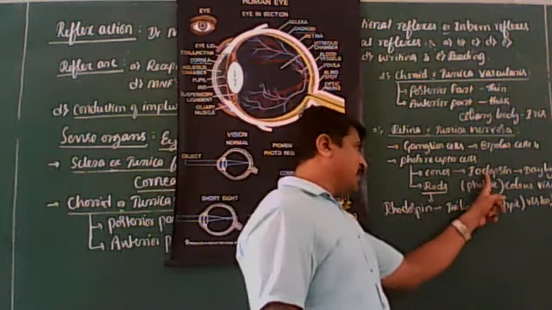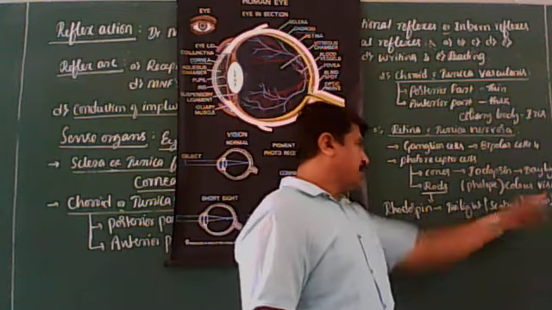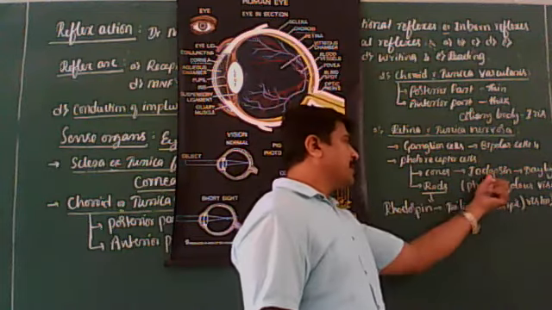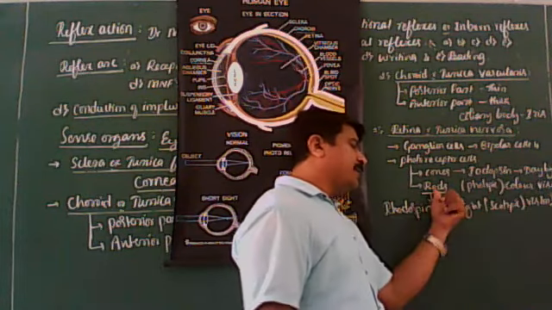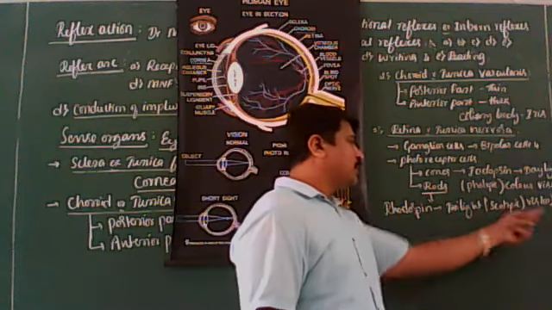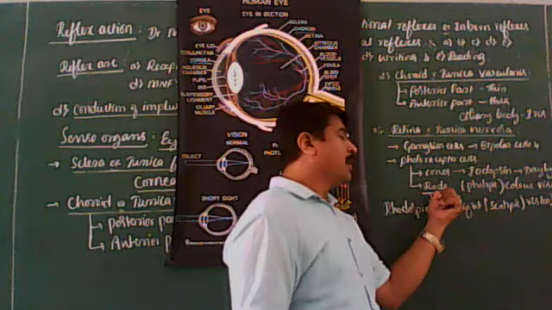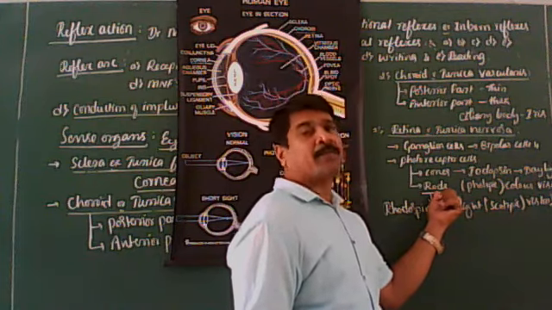Cones contain the photopigment called iodopsin, responsible for daylight and color vision. Rods contain the photopigment called rhodopsin, responsible for twilight and scotopic vision. They contain a derivative of vitamin A. That is why deficiency of vitamin A causes night blindness.